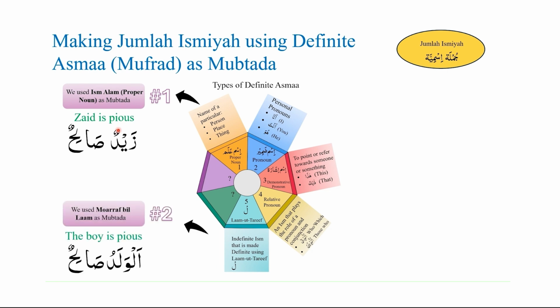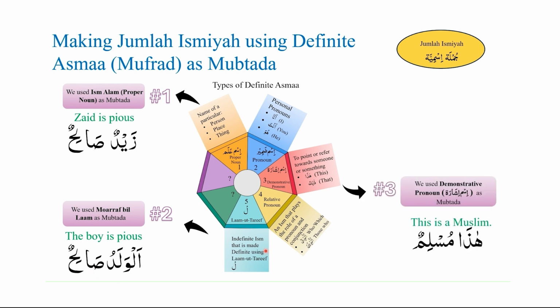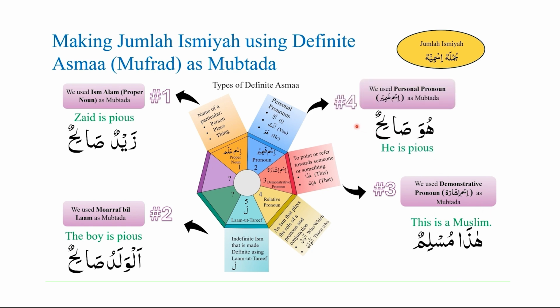Next, we used mu'arraf bil lam as mubtada, and we said the boy is pious. Al-waladu salihun. Next, we used demonstrative pronouns or ism ishara as mubtada, and we said haza muslimun. This is a Muslim. And finally, we used personal pronouns as mubtada, and we said huwa salihun. He is pious.